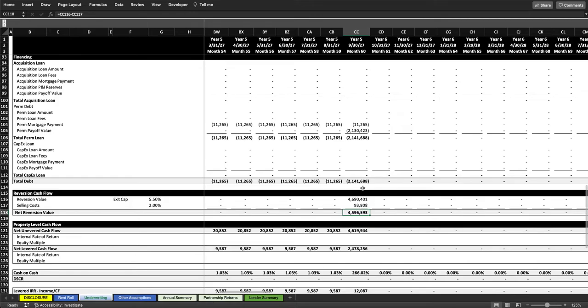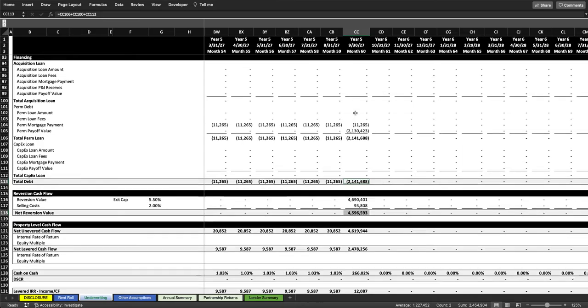And once you pay off the outstanding loan amount for the refi, you're left with a total of 4.5 minus 2.14, so you're left with a total of 2.45 million.